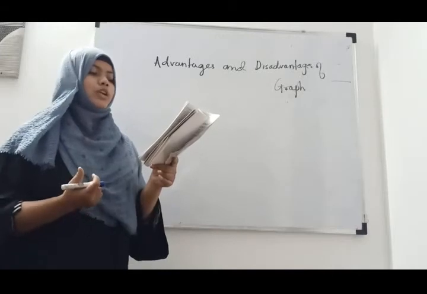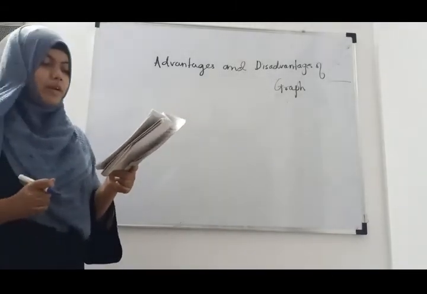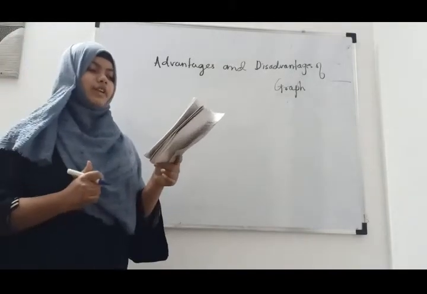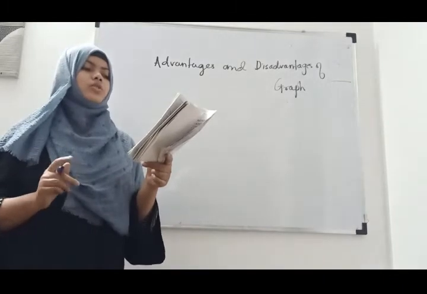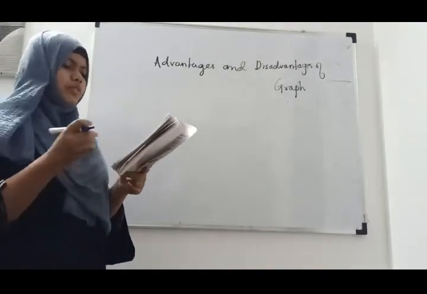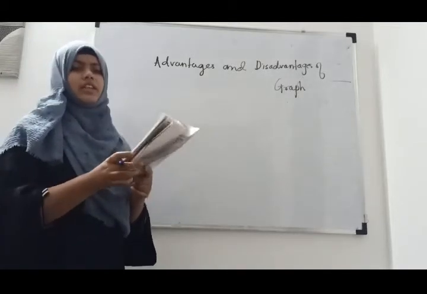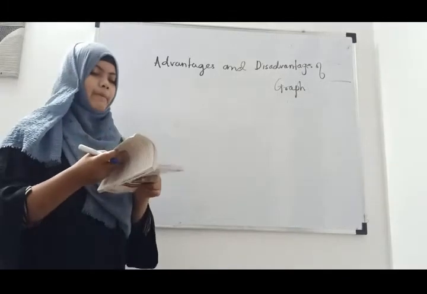A suitable scale should be chosen to occupy the available space properly, and the height and the width of the bars in the histogram should be properly chosen so that the graph looks attractive. So these are the rules for construction of any graph.